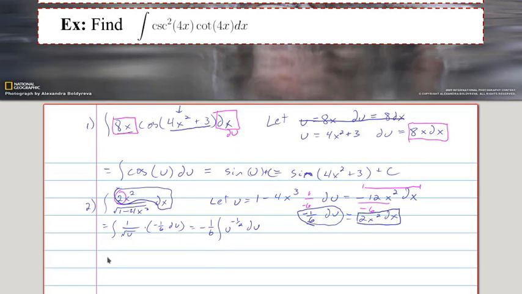All right, and this is a fairly straightforward integration. Keep that negative 1/6 coming, add 1 to the exponent, and then divide by the new power 1/2, and you'll get a 2. And then don't forget to plus c it. So ultimately this becomes 1/3 times what I substituted for u, 1 minus 4x to the third, to the 1/2, or square root of that, and then plus c.